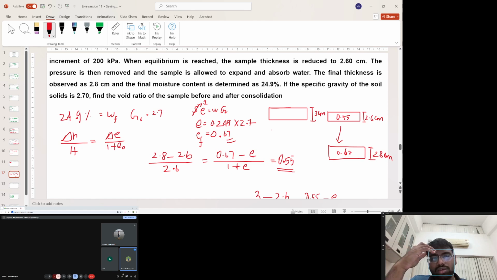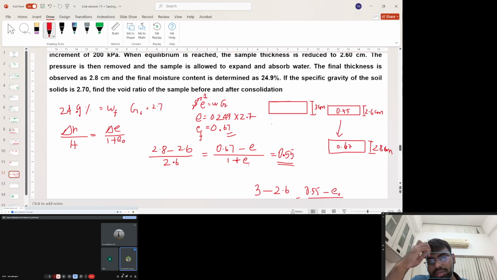Here it is e, this is the initial value. This is the initial thickness. Write the formula, sir, that will be easier to catch the mistake. Directly you are substituting numerical values. So delta H, in the first case, it should be negative because it is expansion to compression.